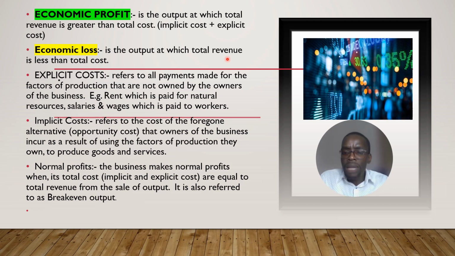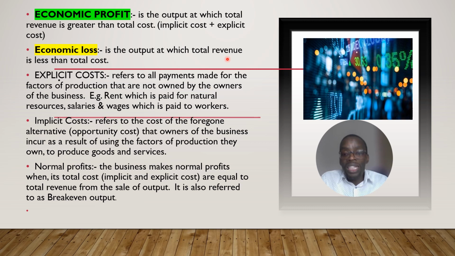If the owners pay for certain factors of production that they do not own themselves, that payment forms the group of explicit cost. An example is wages and salaries paid to employees. Employees are not the owners of the business, but are workers giving their service in exchange for a salary or a wage.